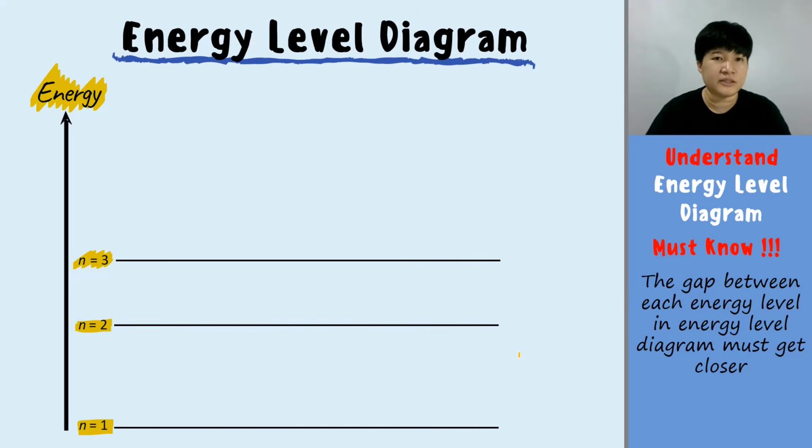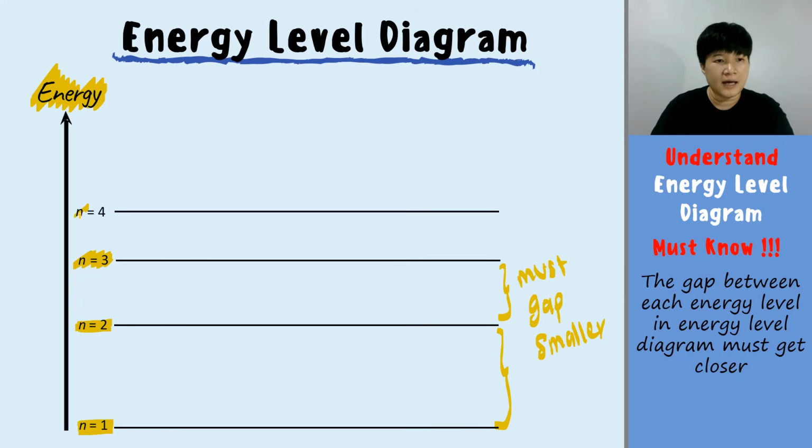I want to point out something that you might not realize but is actually quite obvious: the gap between the energy levels. Look at the gap between this energy level and this energy level. You realize that the gap gets smaller, and it's a must for the gap to get smaller. Look at n equals 4 and n equals 3, the gap also becomes smaller.